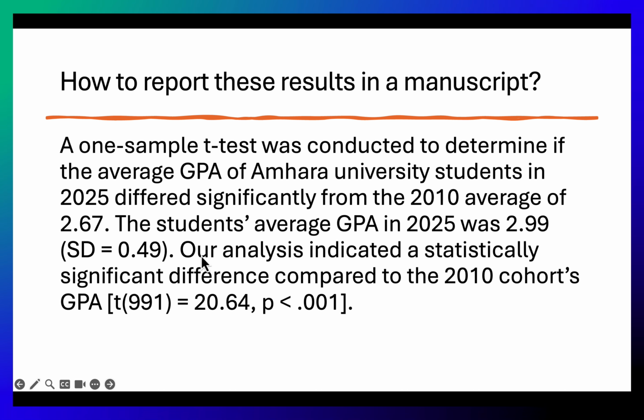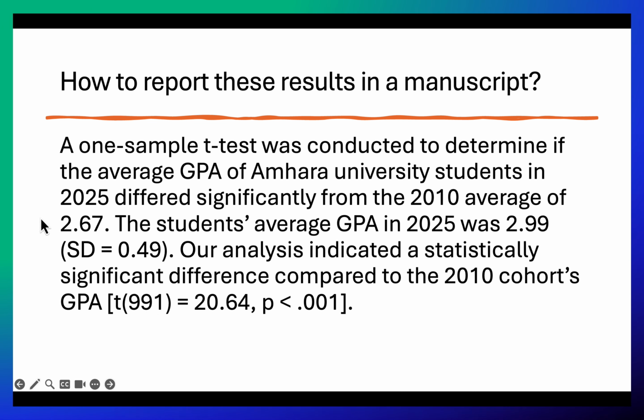But you also need to tell your readers what the t-test said. And so you can say, our analysis indicated a statistically significant difference compared to the 2010 cohort's GPA. And here's our t, here are our degrees of freedom, right? So you have your t with the little degrees of freedom in case somebody wants to go to the chart in the book and look this up.